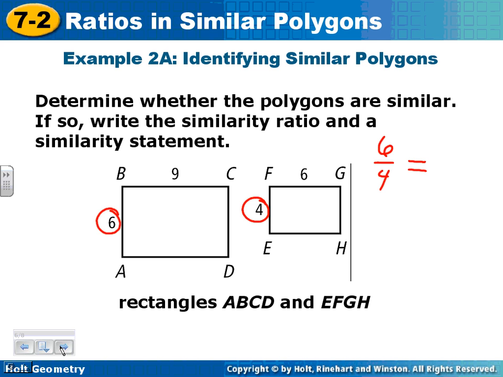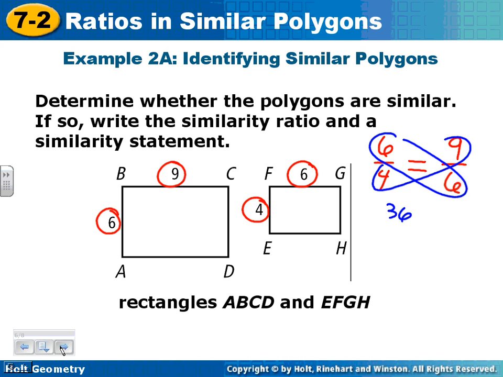That has to equal this 9 corresponds to that 6. 9/6. Well, if I cross multiply, 6 times 6 is 36, and the other way, 9 times 4 is 36. So yes, they are in proportion. So that means yes, they are similar.